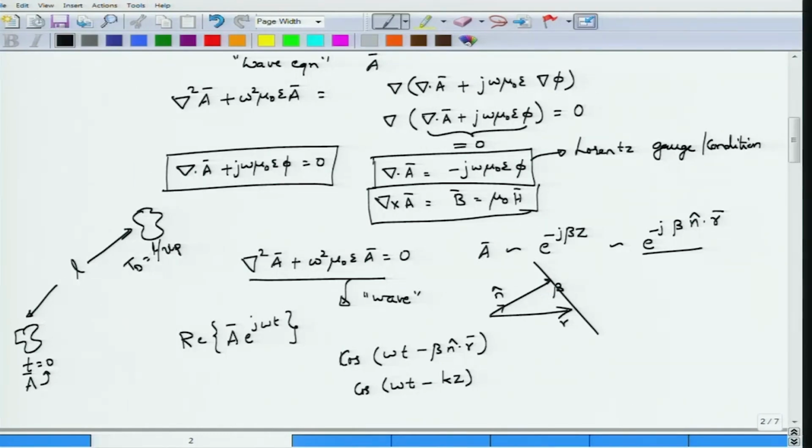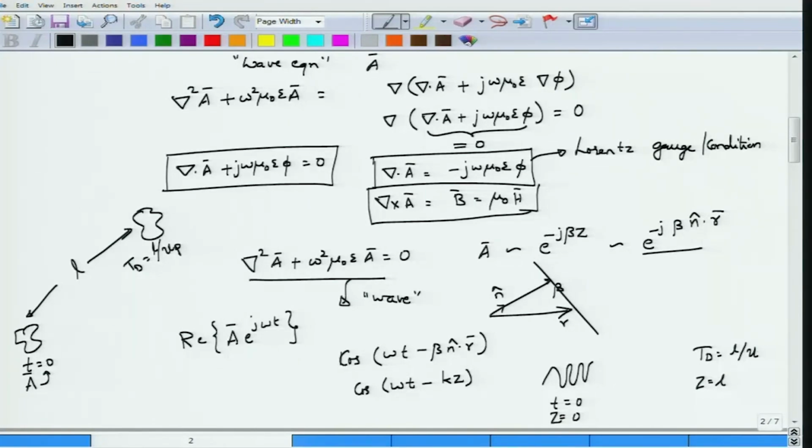Again, this is also not something new to us. We have already seen this in transmission lines. We know that if you connect the switch at the transmission line, it will not be able to see the load immediately. There has to be some propagation delay. All that this mathematics has brought to us is that when A changes at t equal to 0, at say z equal to 0, then at z equal to L, this change will be visible after a delay of L by u, where u is the phase velocity.